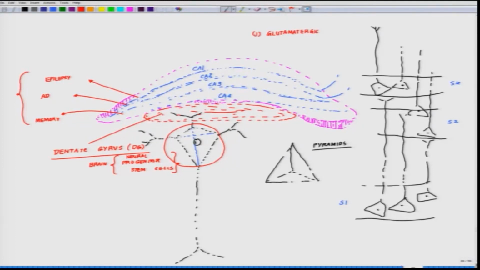When I say glutamatergic, it means these neurons secrete neurotransmitters like glutamate or glutamic acid, which is an excitatory neurotransmitter.